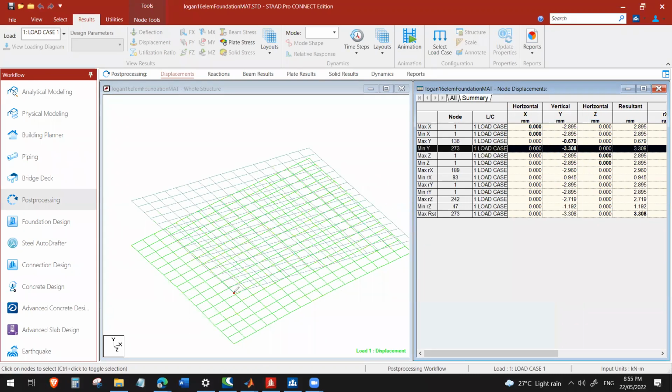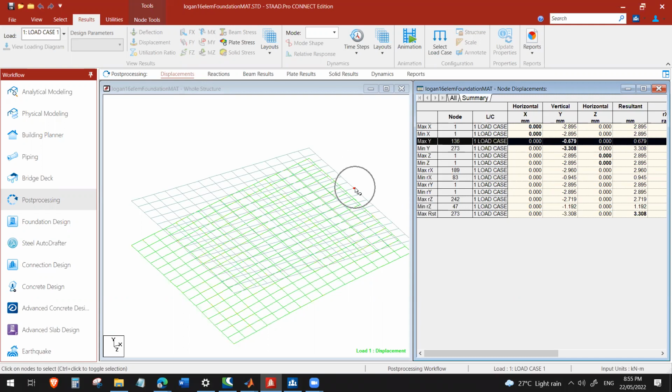And how about the minimum? Negative 0.679, somewhere here. So the maximum settlement is here, the minimum is here.